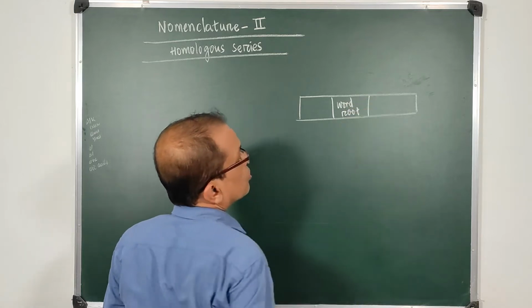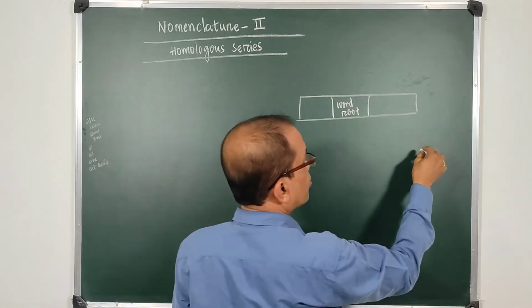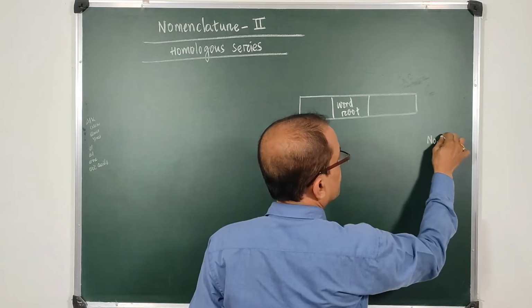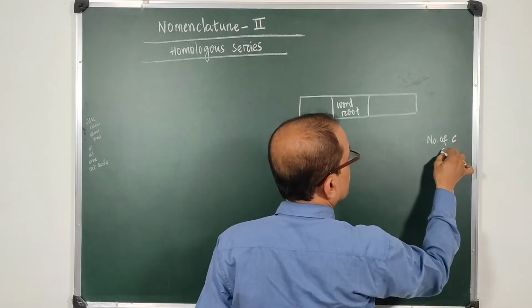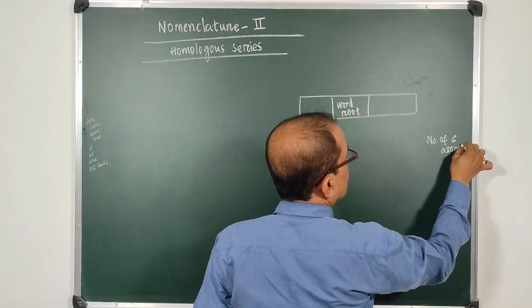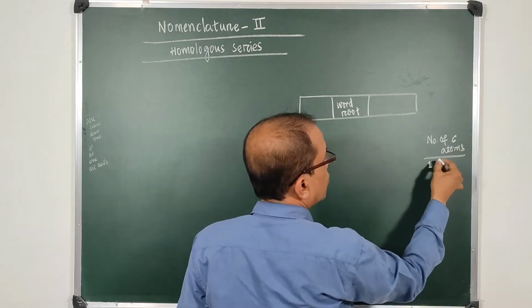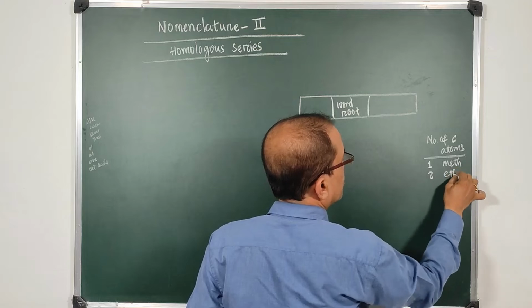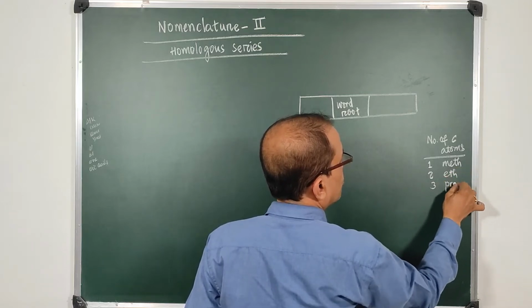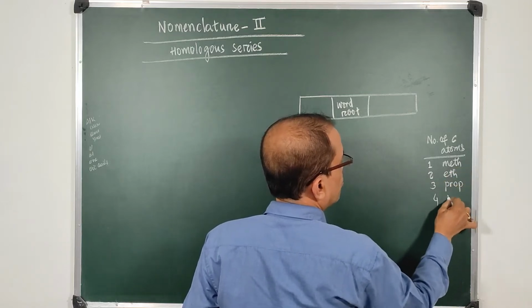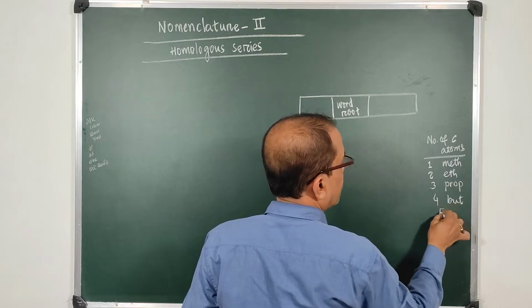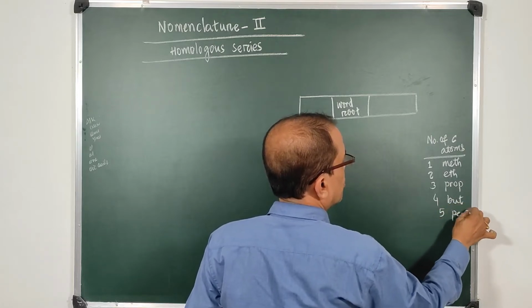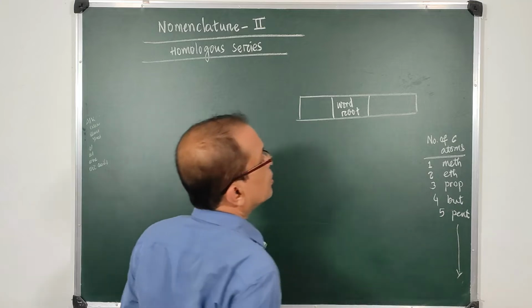The word root tells us about the number of carbon atoms, and for 1 we use meth, for 2 eth, for 3 prop, for 4 but, for 5 pent, and so on. We had already discussed.